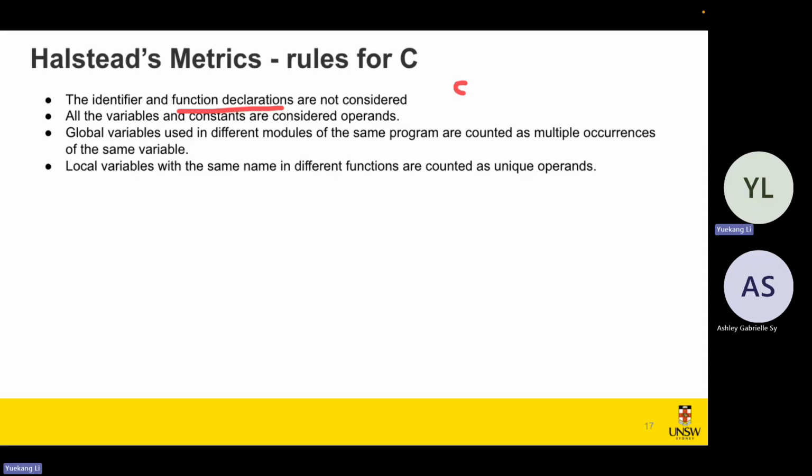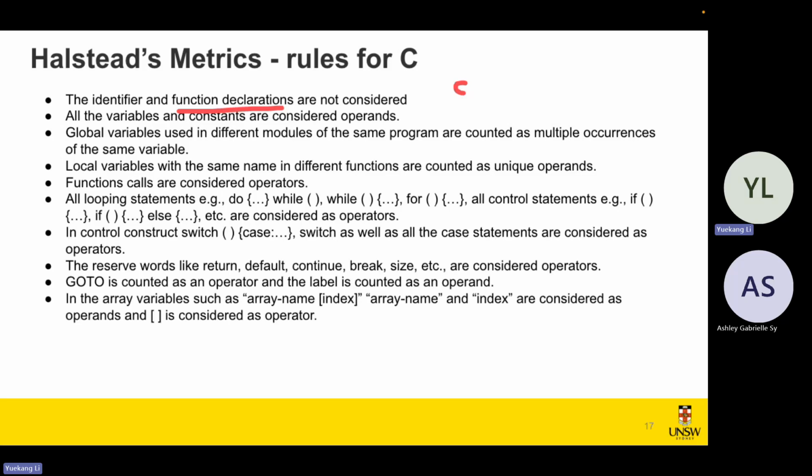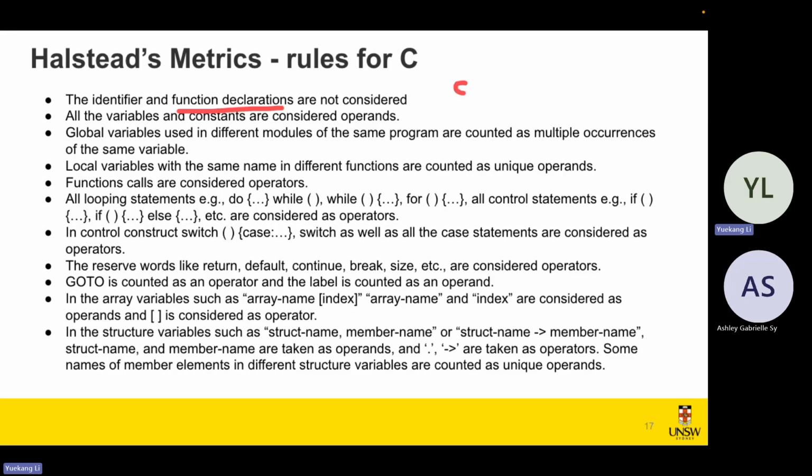Local variables with the same name in different functions are considered unique operands, because each function is holding a different value there. Although they may have the same name, they are actually different variables, right? I'll skip going through all the rules here. You can refer back to this slide for how to determine operators and operands in C programs.